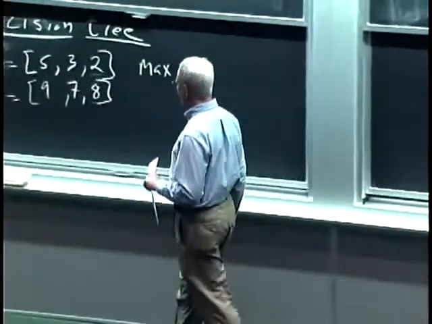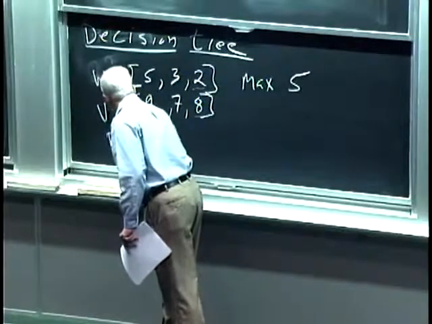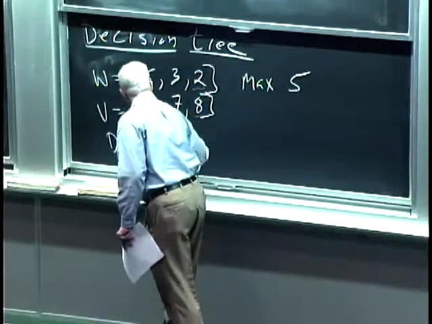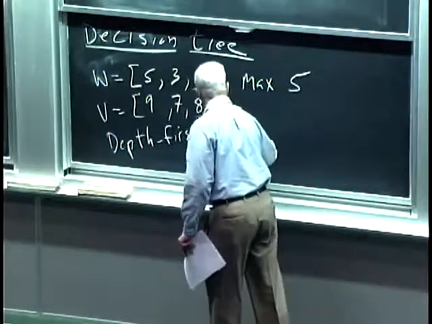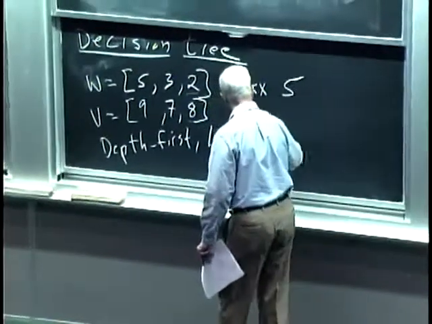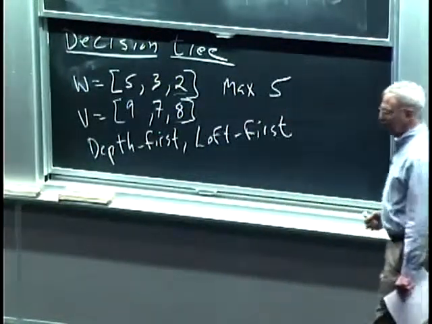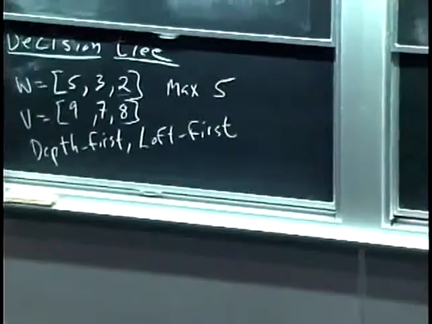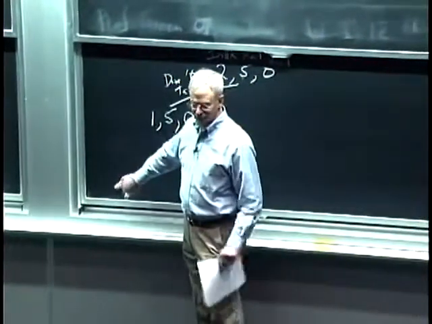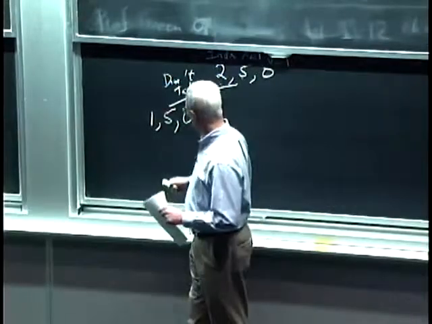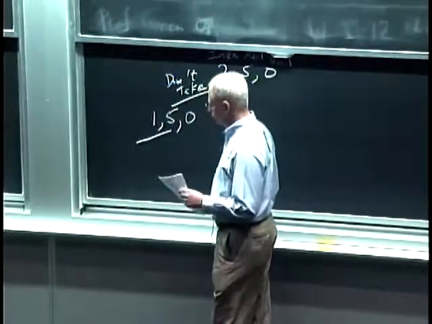To be systematic, I'm going to build this tree depth first, left first. At each node, I'm going to go left until I can't go any further. So we'll take another don't take branch here.